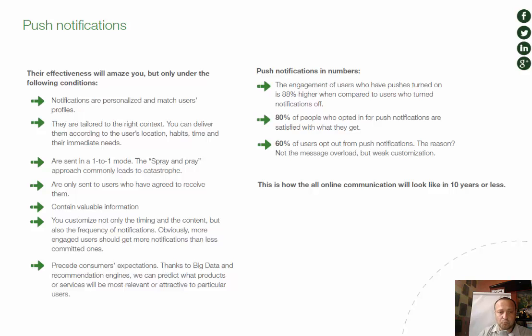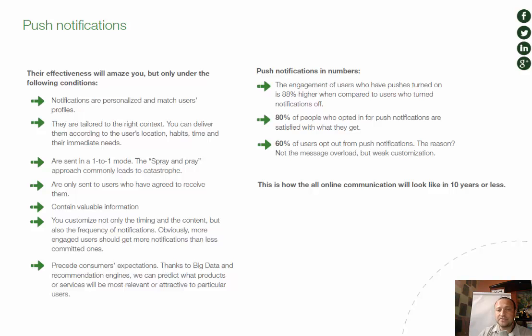Obviously, more engaged users should get more notifications than less committed ones. Precede consumers' expectations. Thanks to big data and recommendation engines, we can predict what products or services will be most relevant or attractive to particular users.